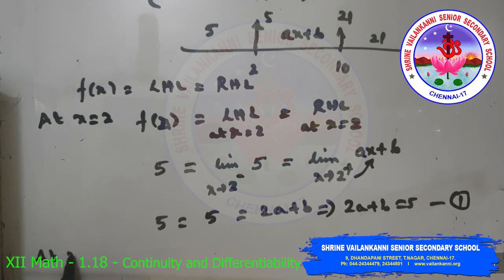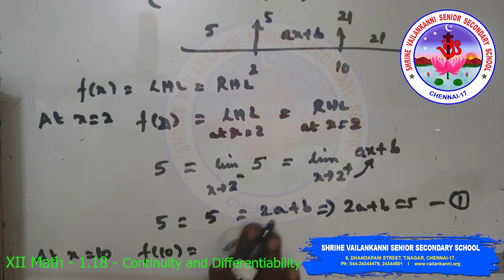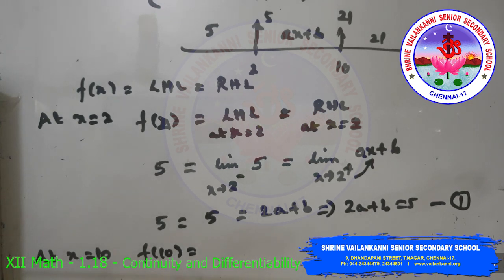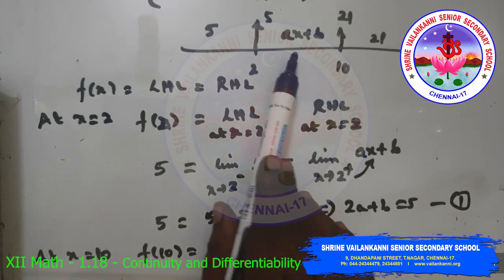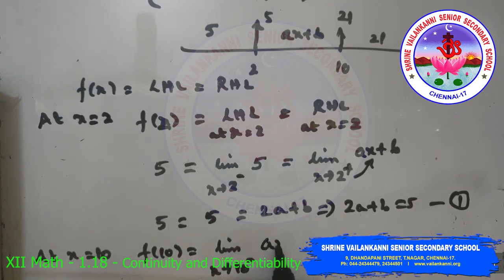At x equal to 10, we have f of 10, which is equal to left hand limit at x equal to 10, limit x tends to 10 minus. To the left of 10 we have the function as ax plus b, which is equal to right hand limit, limit x tends to 10 plus.